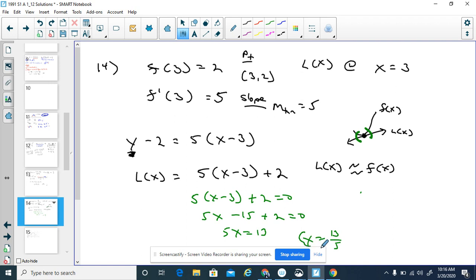So that's when my tangent line would be 0, and we're using that to approximate when the function would be 0. What is that? That's 2 3/5, or 2.6. Yes, we have to be able to do that without a calculator. So that's going to be choice C. 13 over 5 is 2.6. Good? That was a festive little question.